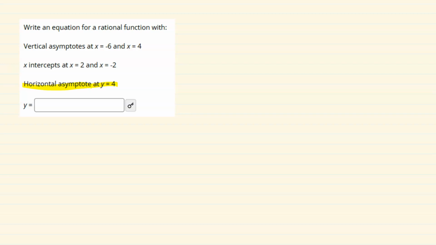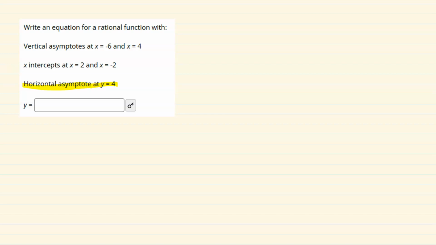Okay, so notice that the vertical asymptote has to do with the denominator, and solving the denominator equal to 0. So from that, we can look at the factored form of the denominator and build our denominator.